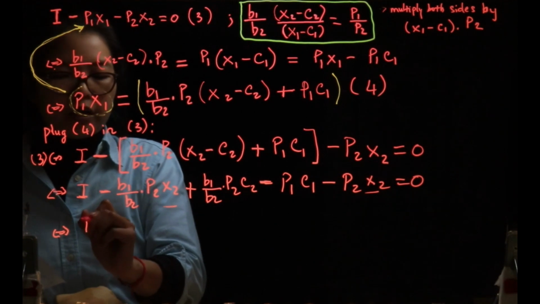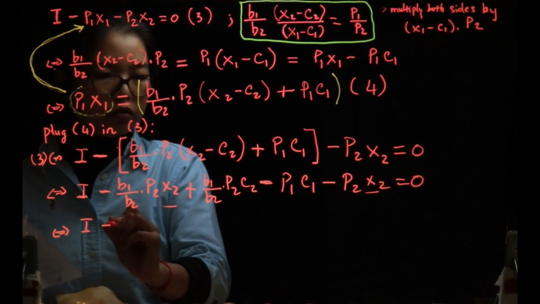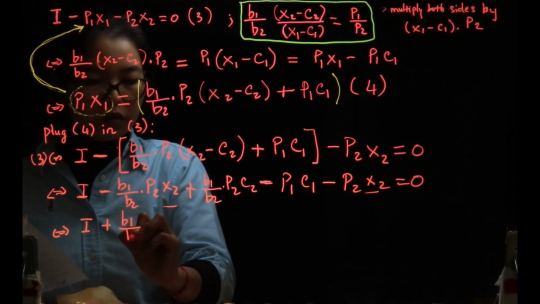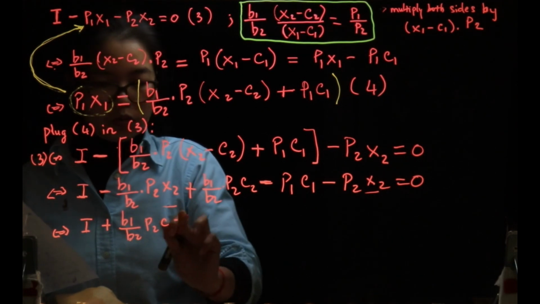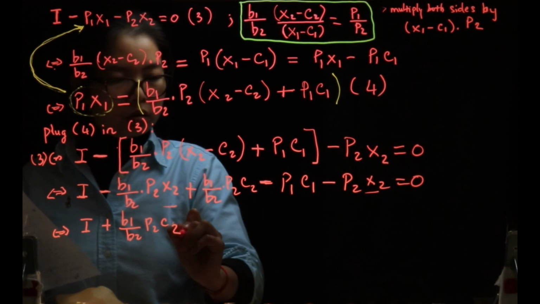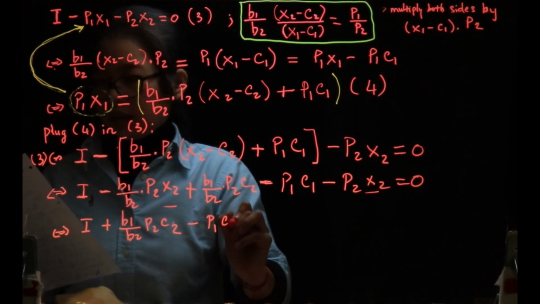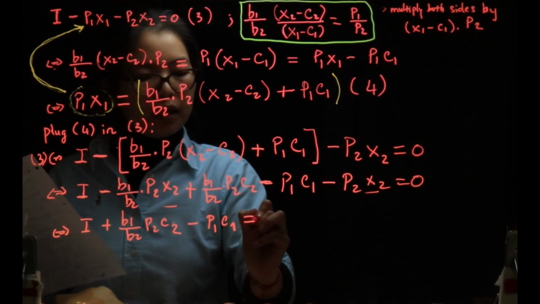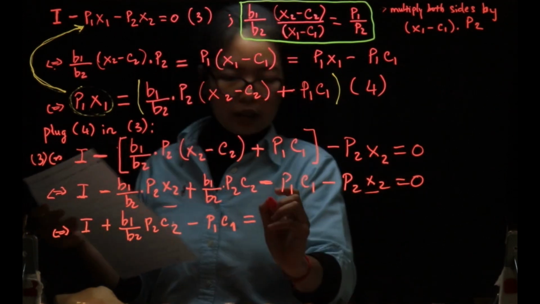So we have I plus b1 over b2 p2 c2 minus p1 c1 equals, put everything with p2 x2 to the other side.